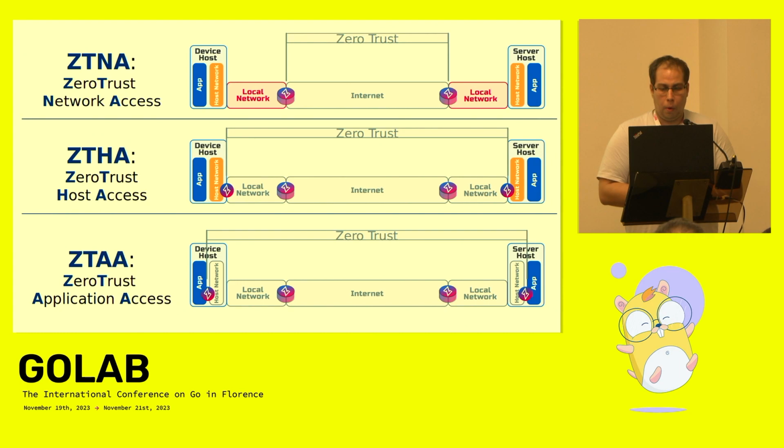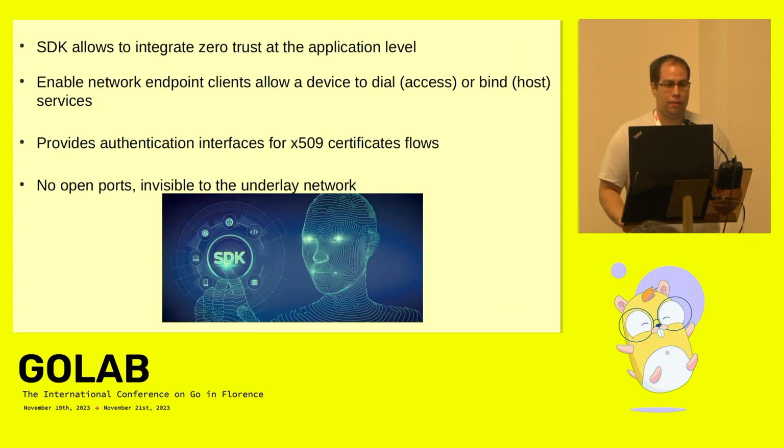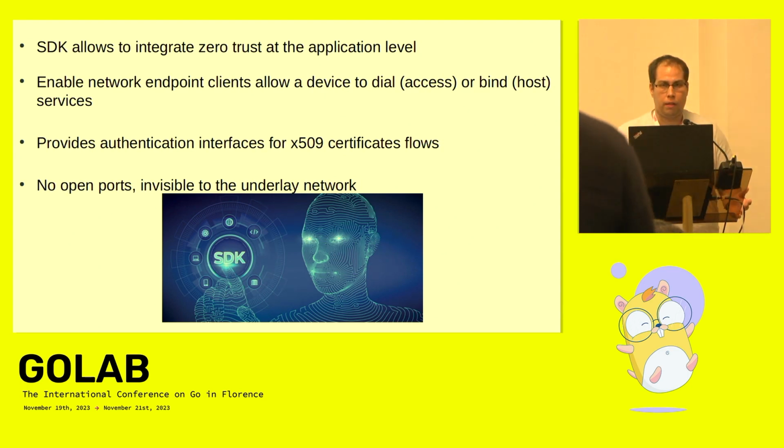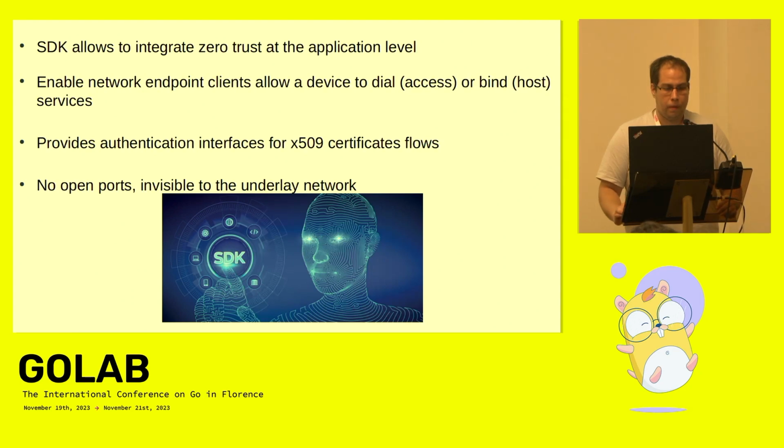So how are we going to do it? Using SDKs. SDKs allow us to integrate zero trust at the application level. Basically, it enables network endpoint clients to dial or bind, or you can say access or host, services.